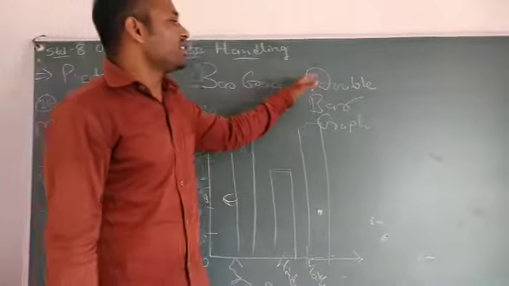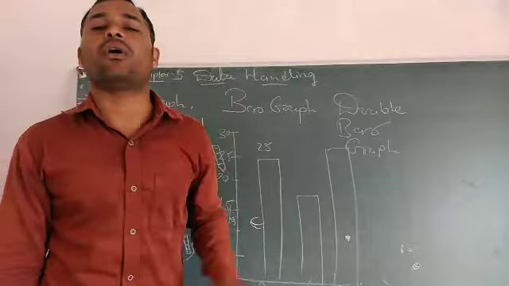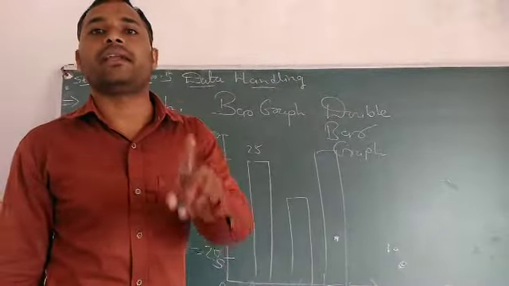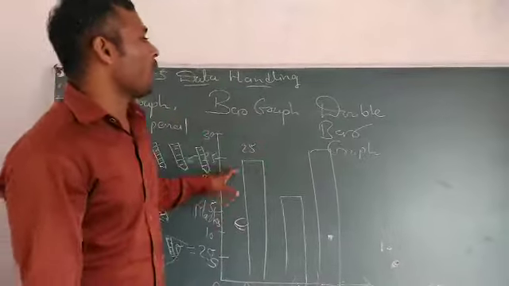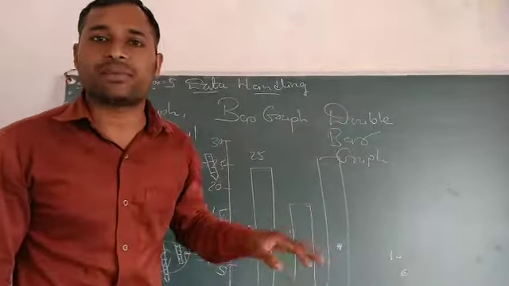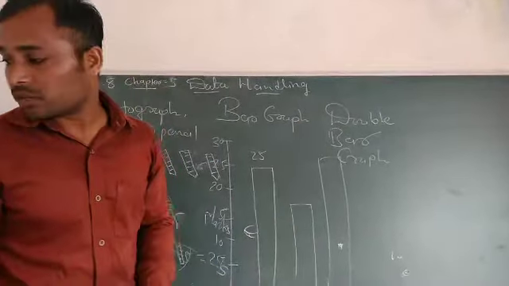Now what is the meaning of double bar graph? If you represent two data in only one graph, you use two data in one graph, you should draw a double bar graph. Suppose these marks are for first semester and we represent also second semester, so now we draw.